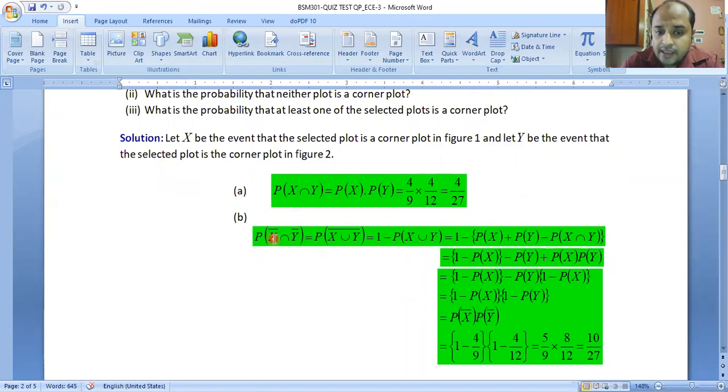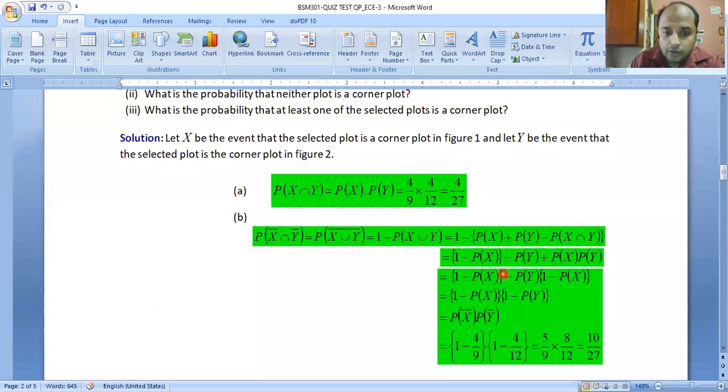Their complementary events are also independent. Probability of X bar intersection Y bar becomes probability of X bar into probability of Y bar. This is a very, very important theorem. If two events are independent of one another, their respective complementary events are also independent of one another. Very important theorem we have proved while solving the problem.